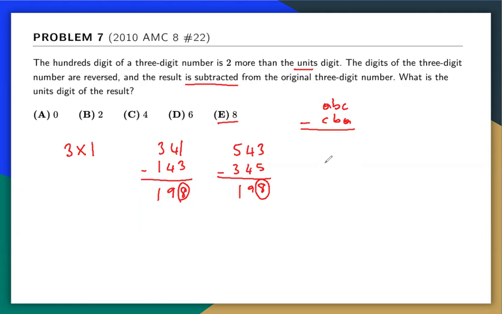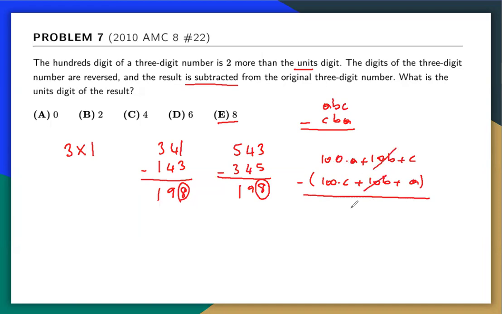So the top number I can write as 100A plus 10B and then C. And the bottom number is 100C plus 10B plus A. And our goal is to subtract this from the other number. So you see this will add up to 0.